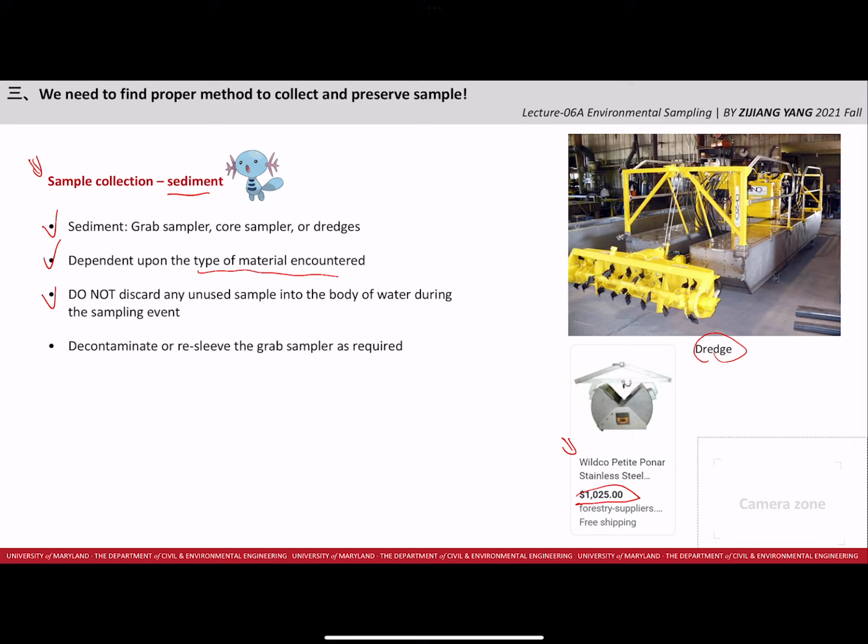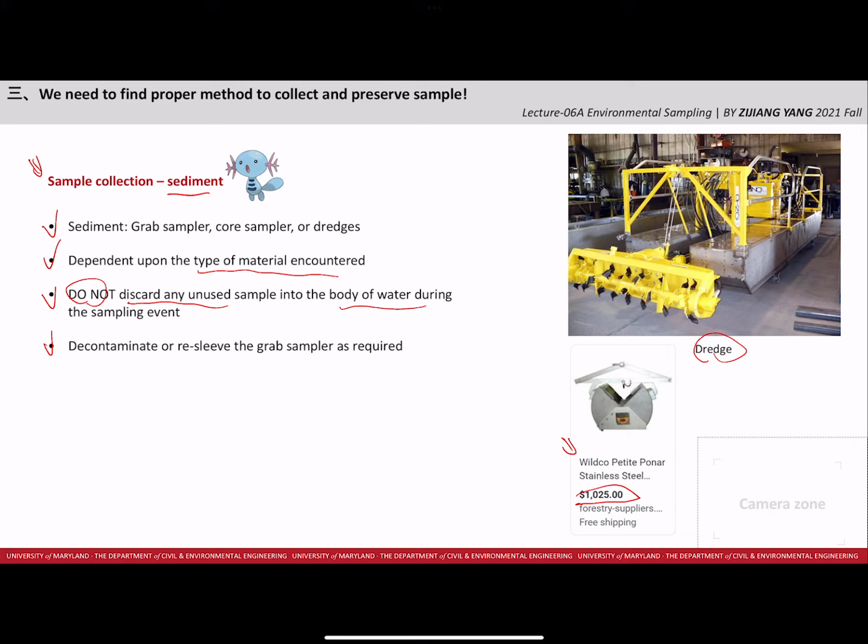During sampling of the sediments, we usually do not discard any unused sample into the body of water during the sampling event, because the sediment usually contains more pollutants than the water body. If we just throw it in the water, it may dissolve and release some of the pollutant.